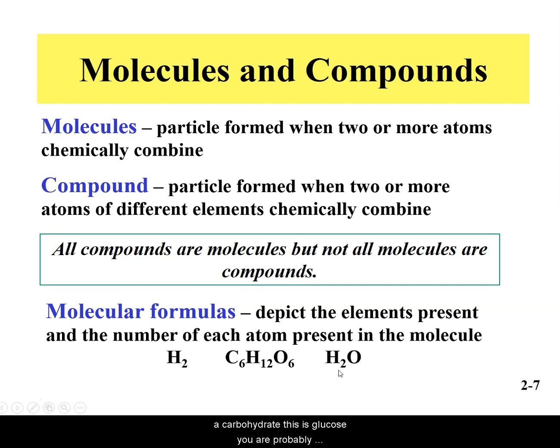You are probably familiar with H2O, 2 hydrogens to 1 oxygen. By the way, there is no subscript here, but because we have the element symbol here, it is understood that this is 1 oxygen. This is H2O, or water. By the way, if we had a 2 right here, H2O2 is hydrogen peroxide.